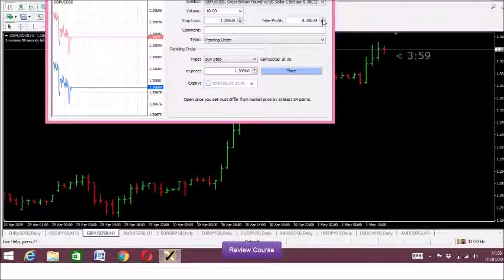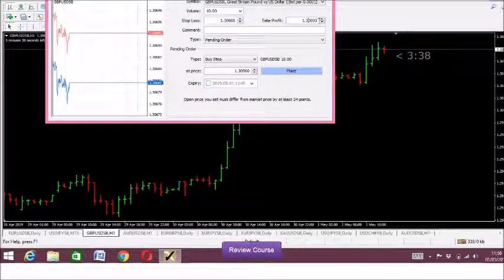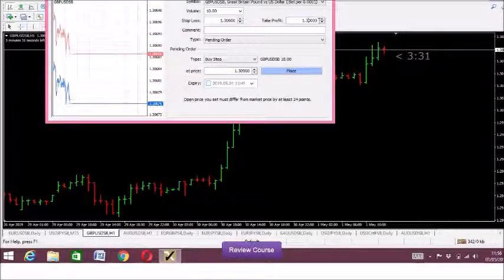So next one is take profit. Take profit is, if you want to risk 30 pips, you want to make at least the same amount of what you're risking. At least. I do double.